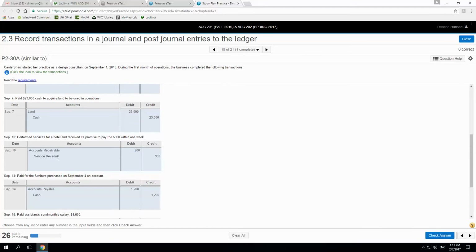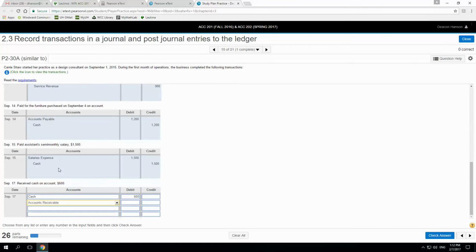So if you look up here, September 10th, it's most likely this customer that's paying $600 worth of their $900 bill, $900 amount that they owe. So that accounts receivable is going to decrease. We have to credit accounts receivable because accounts receivable is what? An asset, and assets decrease with credits, right?